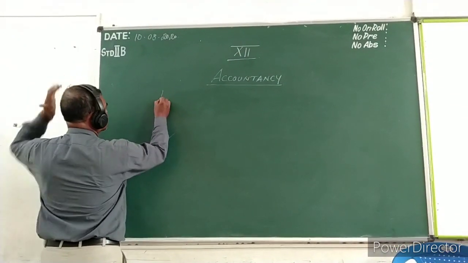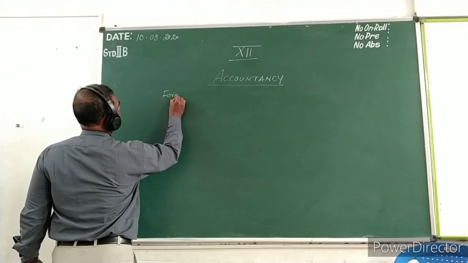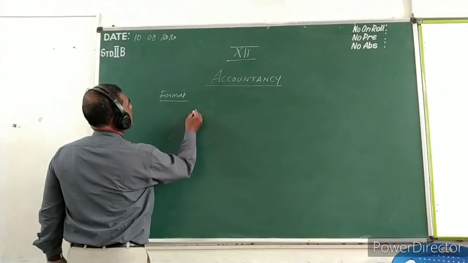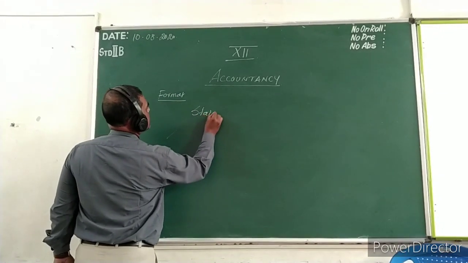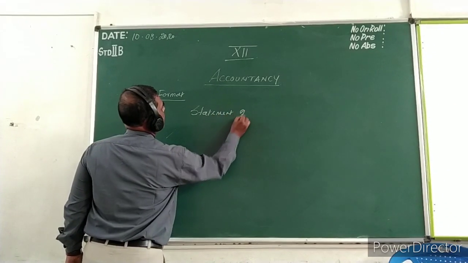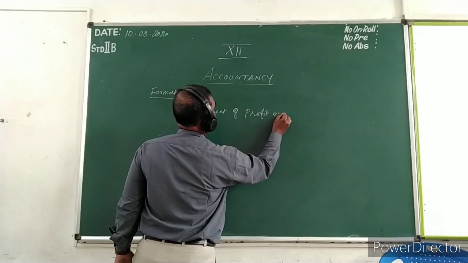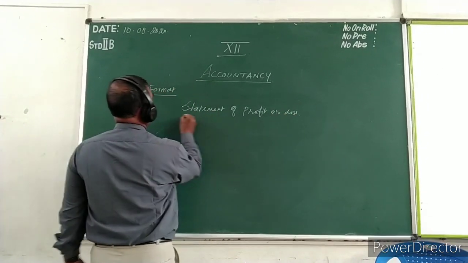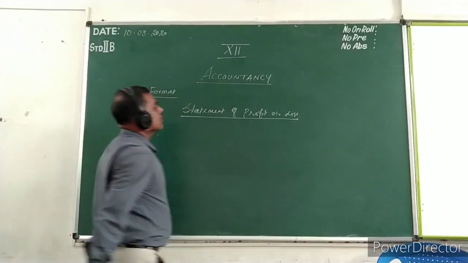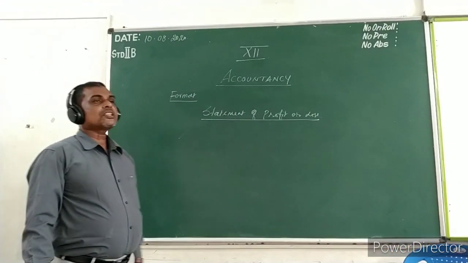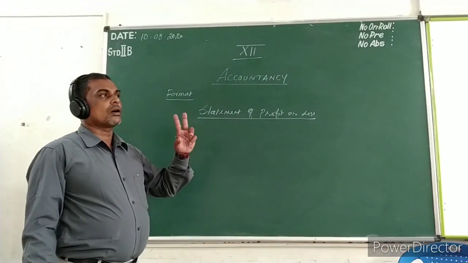Format: statement of profit or loss. To prepare the statement of profit or loss, we need 2 columns.